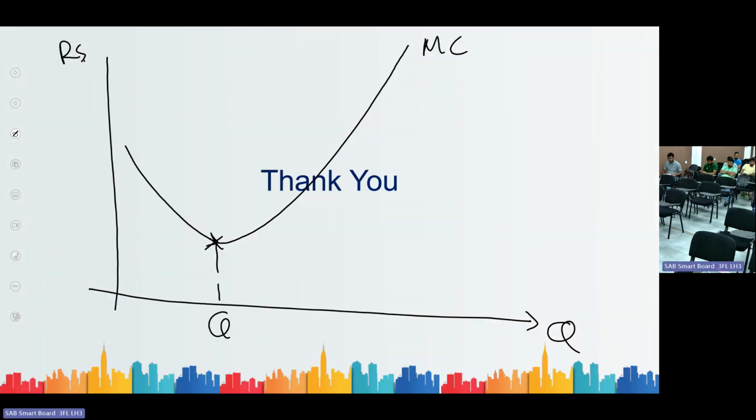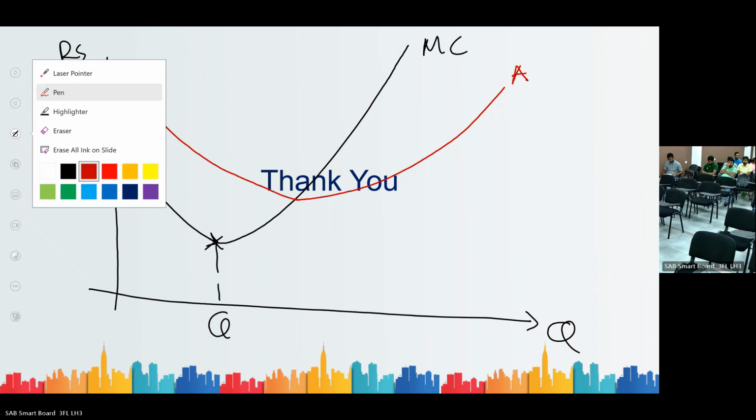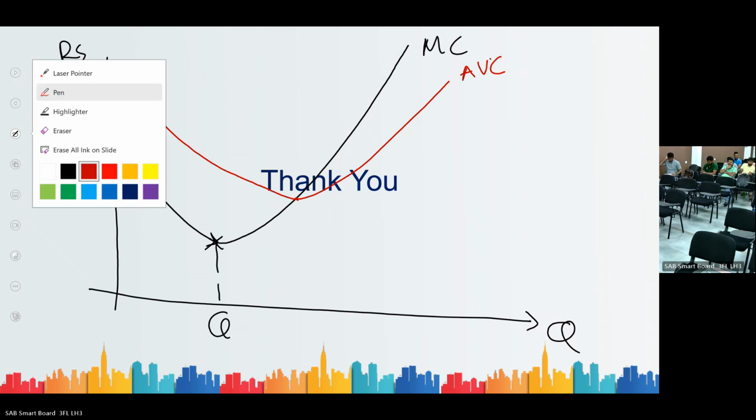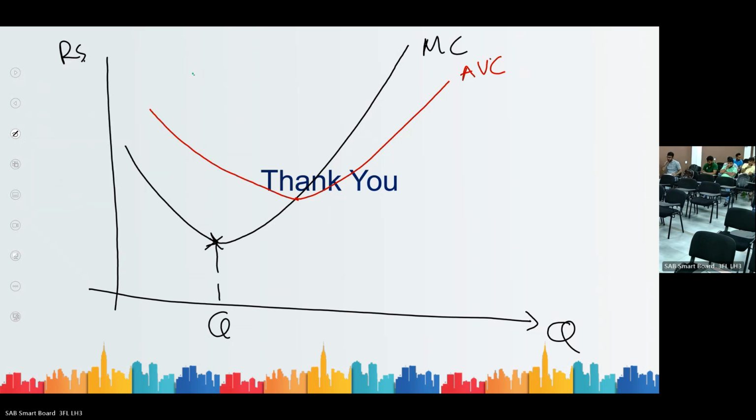So if we combine ABC and ATC in this graph, this is ABC, this is ATC.